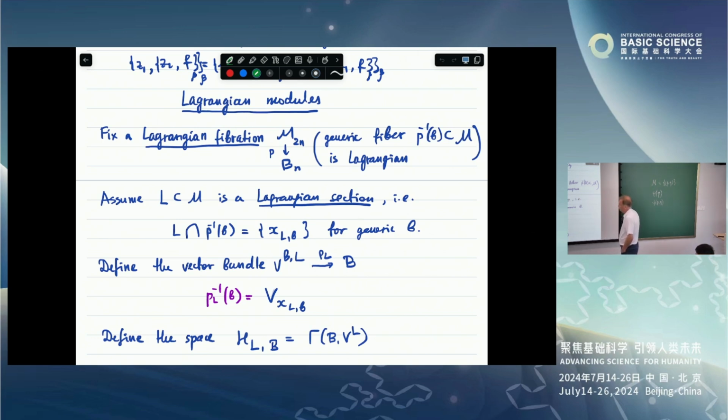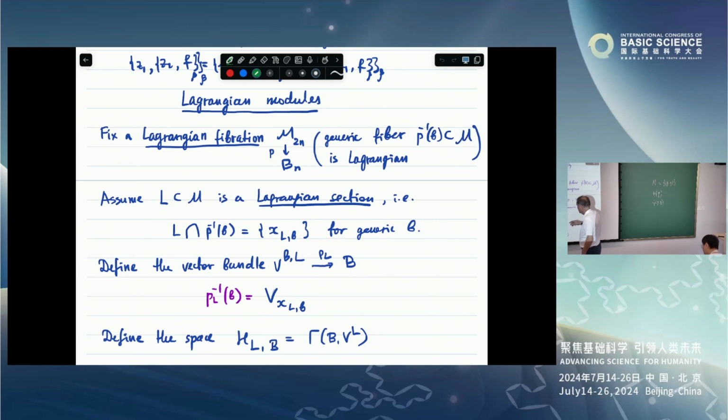Again, it means that the generic fiber is Lagrangian. There could be singularities. So this is basically like fixing a classical integrable system. Let's assume that we have a Lagrangian section of this Lagrangian fibration.